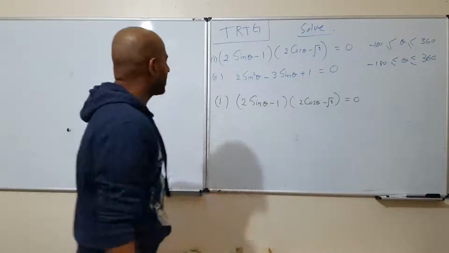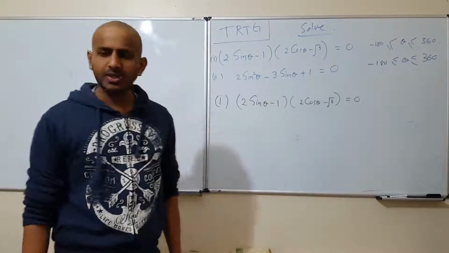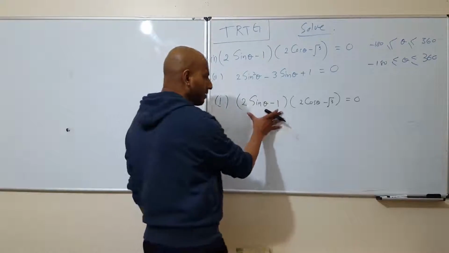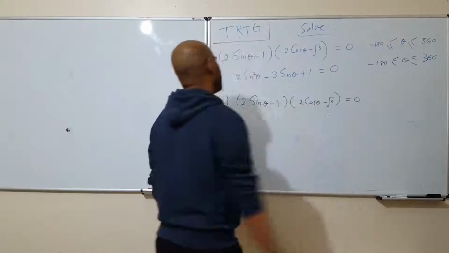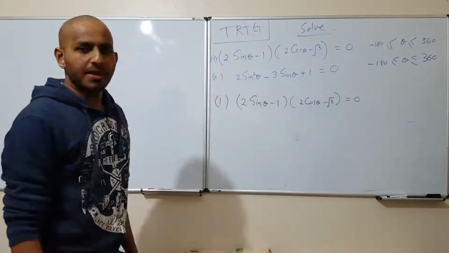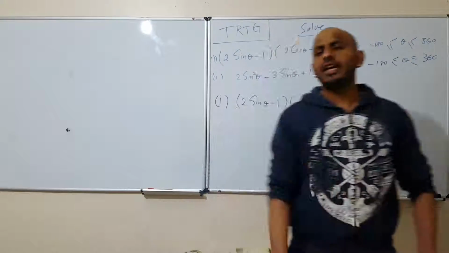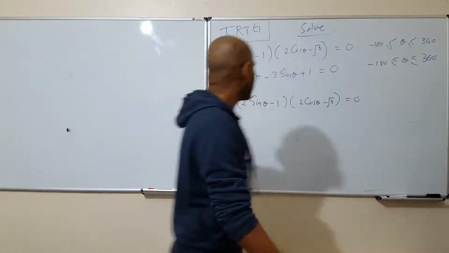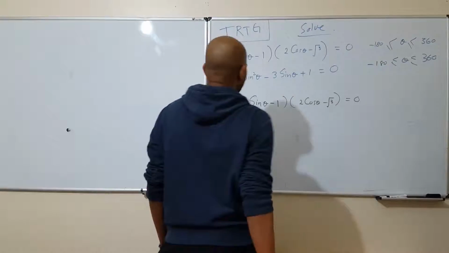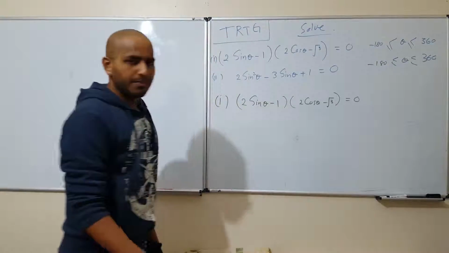What is the meaning of this? This could be equal to 0, or this could be equal to 0. It's like having x minus 1 bracket x plus 2 equals 0, which means each bracket could be equal to 0. So solving this seems to be pretty simple now.